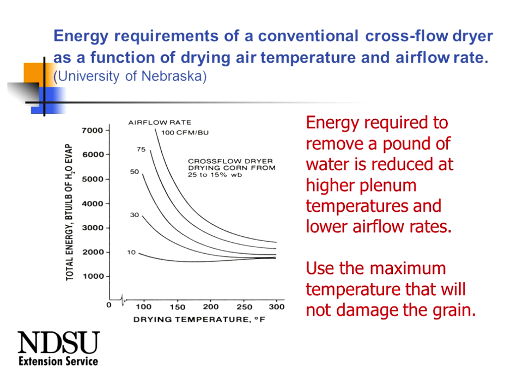Now, a lot of the dryers today are up in the 70 to 90 CFM per bushel airflow rate. And we'll look a little bit later at the mixed flow dryer, which is just under 50, about 45 CFM per bushel.